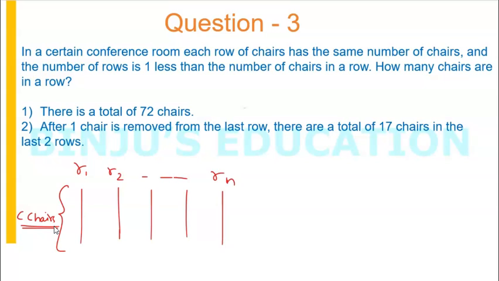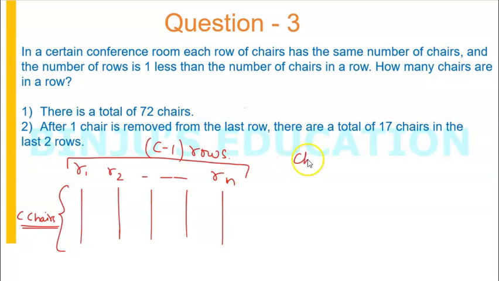So each row has C chairs, and the number of rows is one less than the number of chairs in a row, so this value is C minus 1. So we have a total of C minus 1 rows, and each of the C minus 1 rows consists of C chairs. How many chairs are in a row?